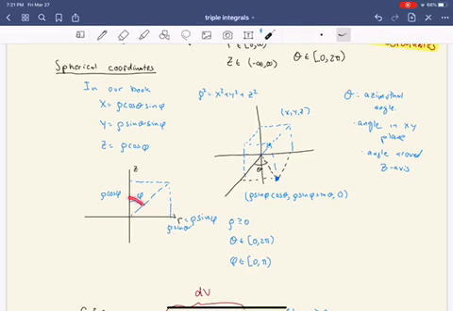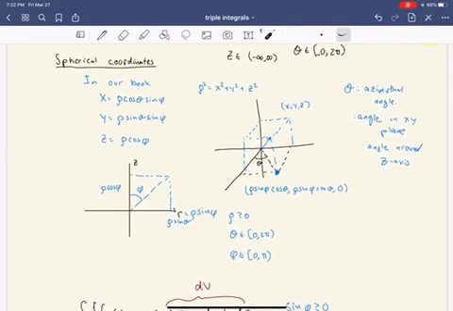It does not go farther, okay? If it went farther, you'd actually be double counting some things. So phi is restricted from 0 to pi. Okay, think about that object I'm tracing out. If you rotate it around the z-axis from 0 to 2 pi, you get everything. You get a full sphere or ellipsoid.